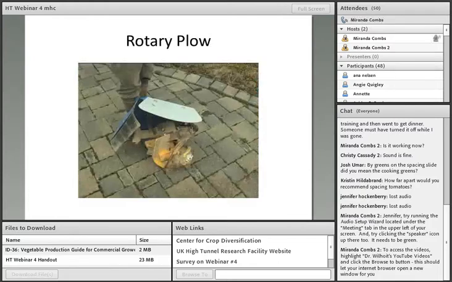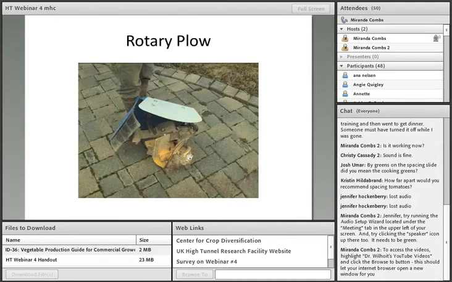Okay, this first implement is a Rotary Plow. This is a unique tool for the walk-behind tractors. It's a vertical axis tiller, and it really does a good job. You can take this Rotary Plow into sod, and it'll break brand new sod in a single pass, and that's not something you can do with an ordinary Roto-Tiller.